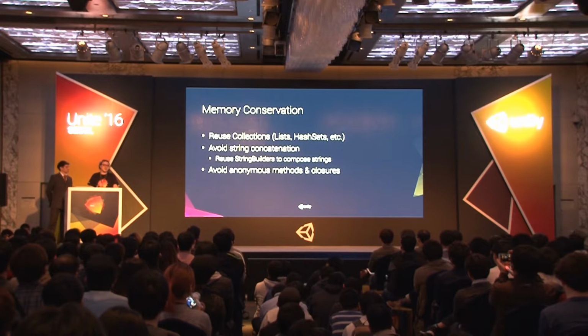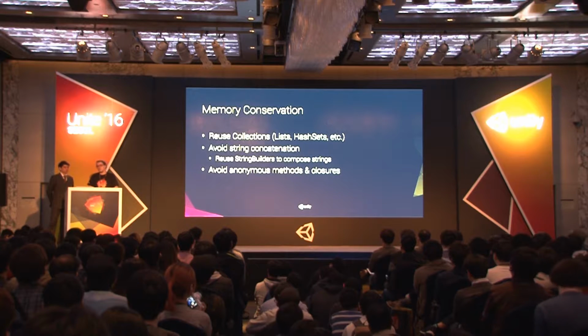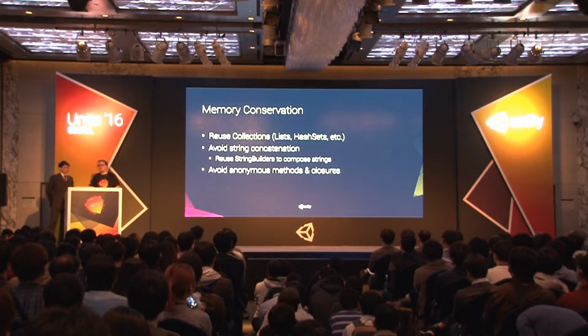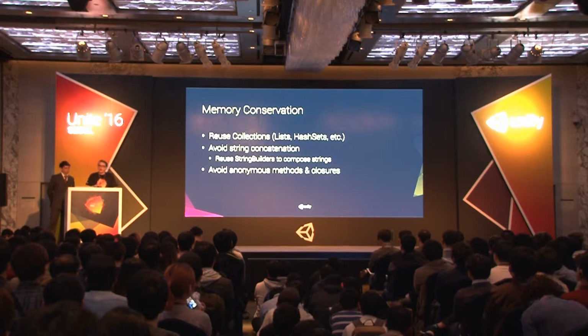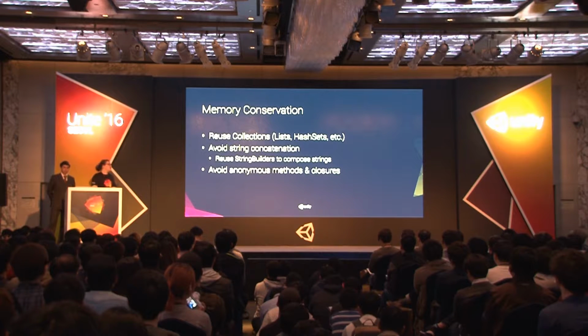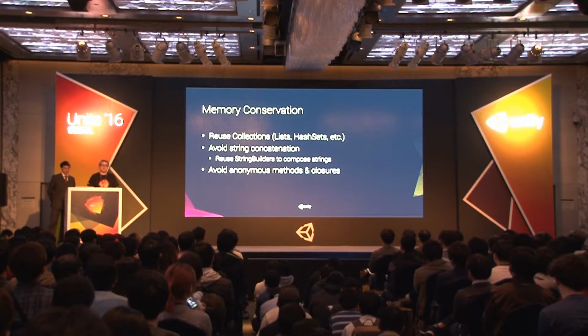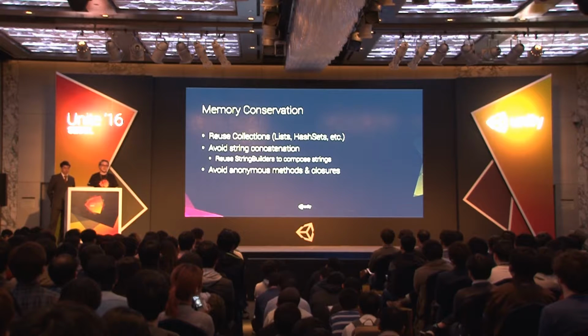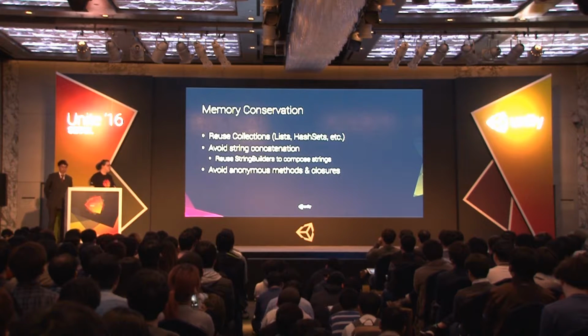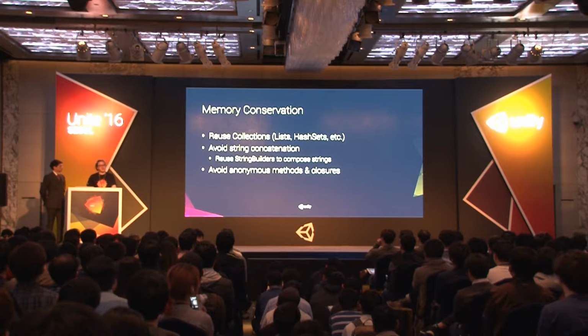So don't keep them in temporary local scope, make them fields and reuse them wherever possible. Avoid any forms of string manipulation whenever possible. Strings are immutable, so every time you change it, you allocate a new one. Use string builders wherever possible to help with this problem.